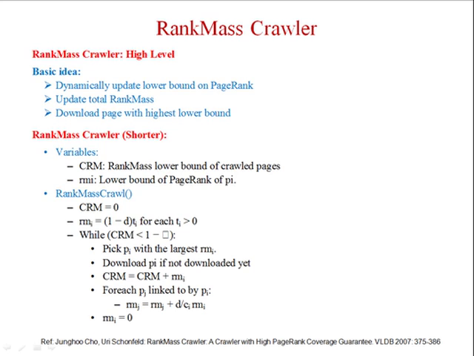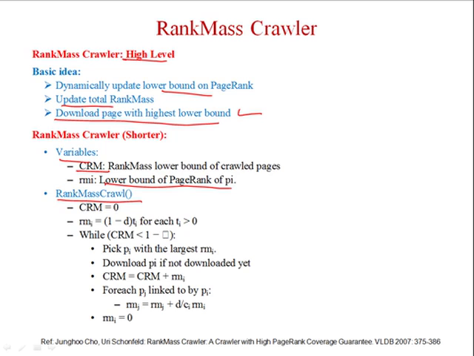Rank mass crawler, high level basic idea: dynamically update the lower bound on PageRank, update the total rank mass, and download the page with the highest lower bound. Rank mass crawler variables: CRM, the total crawled rank mass, and RM_i, which represents the lower bound of PageRank of P_i.